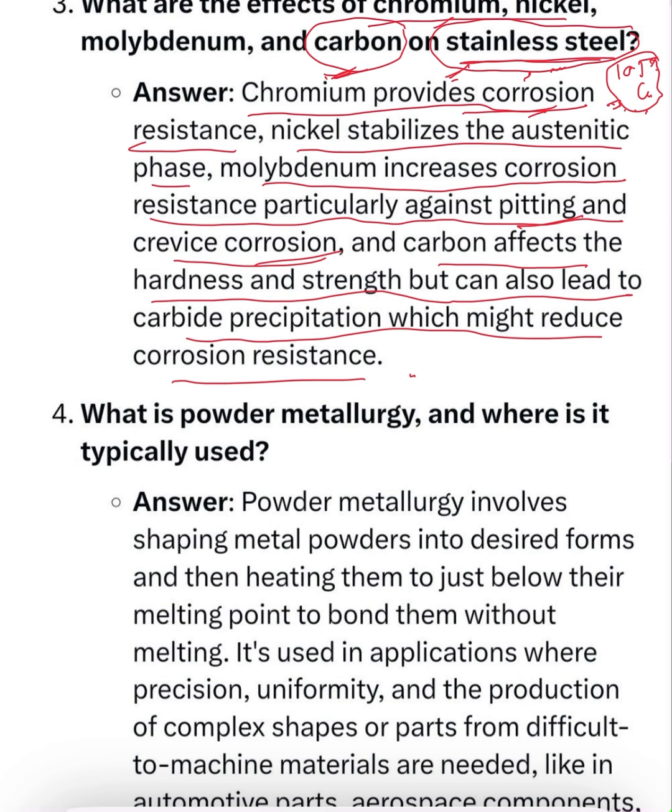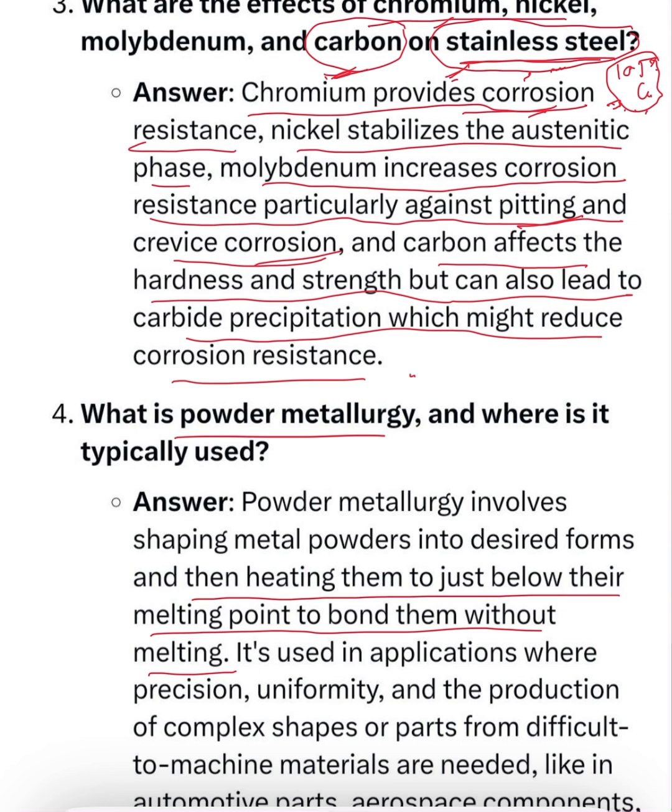The next important question for interview is, what is powder metallurgy and where is it typically used? As you know, powder metallurgy involves shaping metal powders into desired forms and then heating them to just below their melting point to bond them without melting.